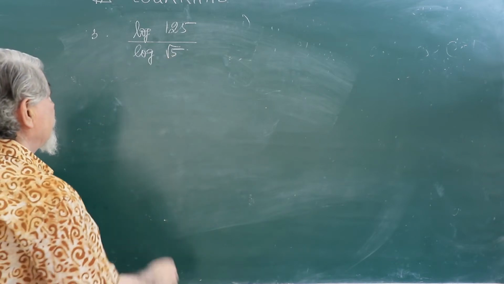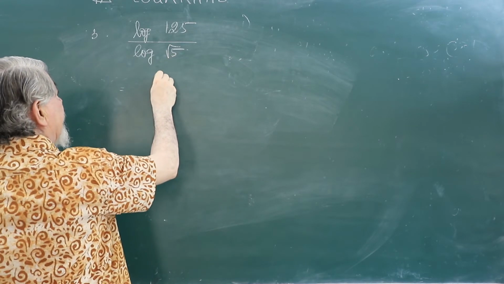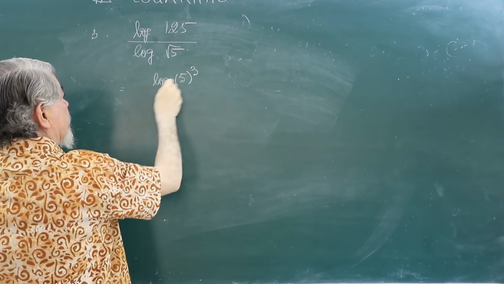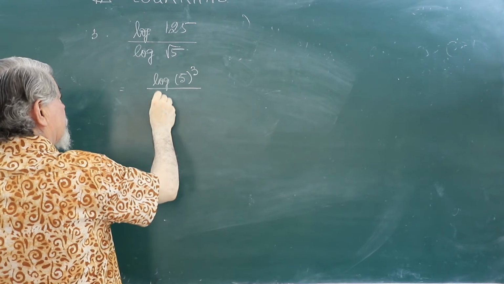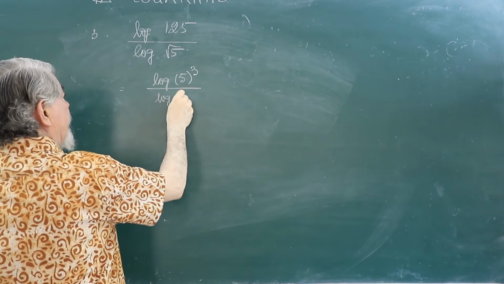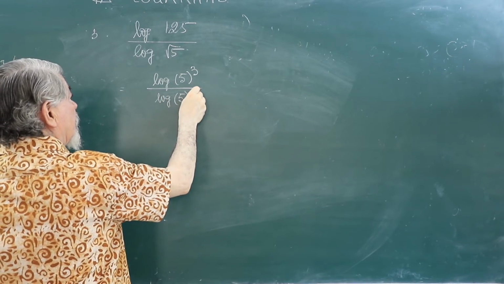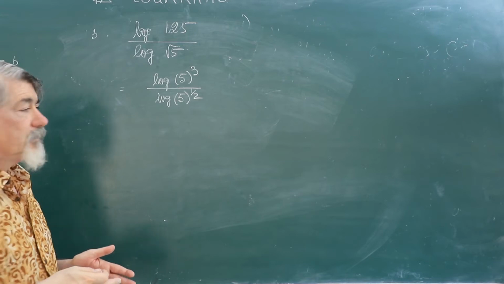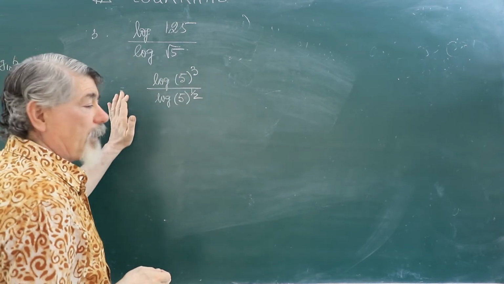Log 125 can be written as log 5 to the power 3. This is written as log 5 to the power half, because under root is to the power half. Now let us apply the power law.